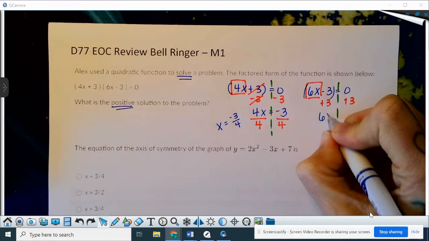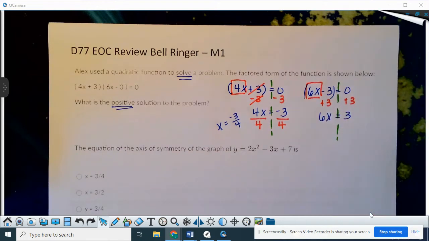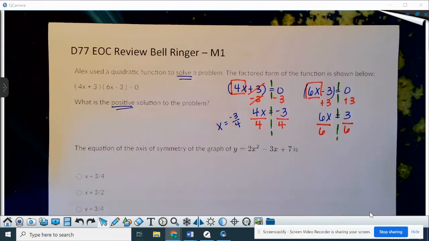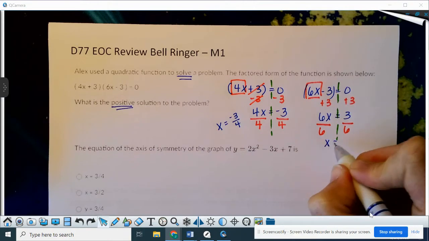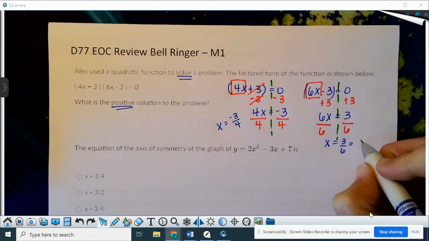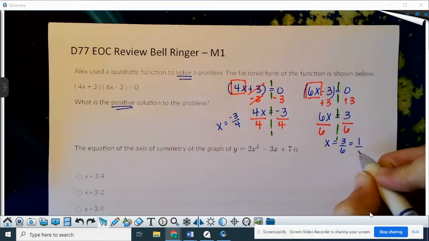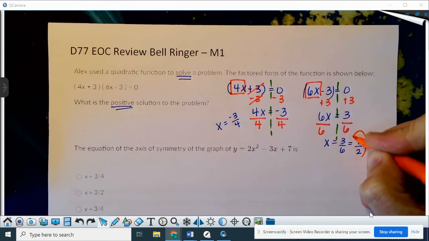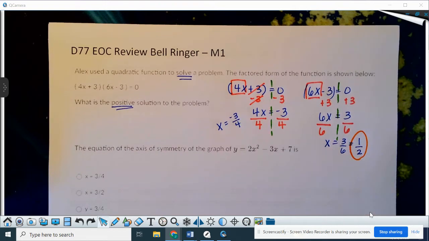So we have 6x equals 3. 6x is 6 times x, so the inverse of multiplication is division, so we divide on both sides. And x equals 3/6, but we're in high school, so we're not going to leave it like that. We can divide the top and the bottom by 3 to reduce that to 1/2. And we're looking for our positive solution, so it would be 1/2.